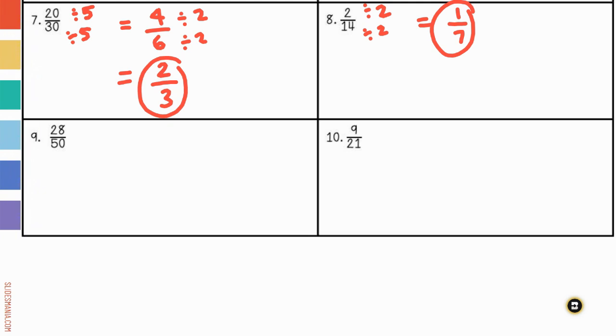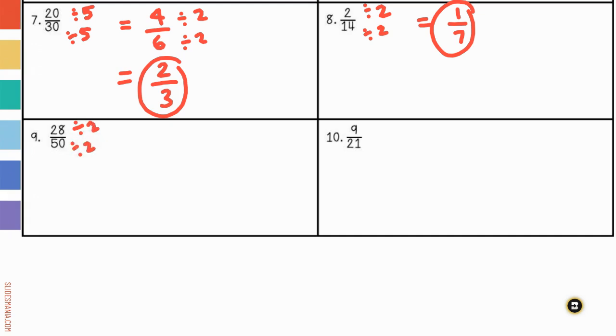Okay, 28 and 50. I'm going to start with just dividing each by 2 and seeing where that leads me.